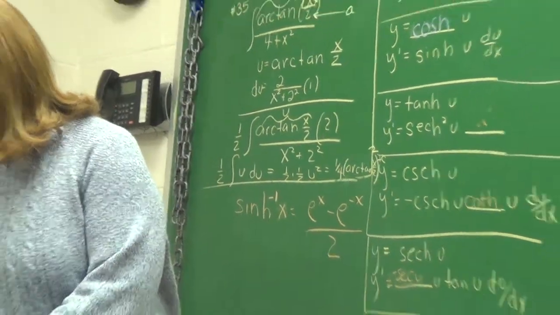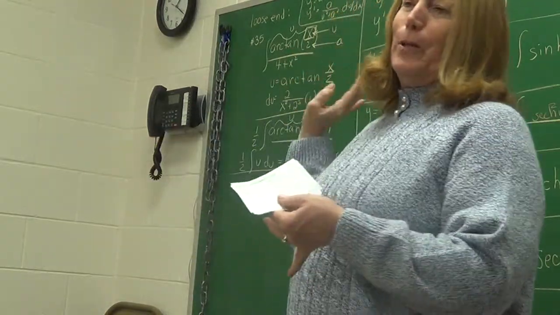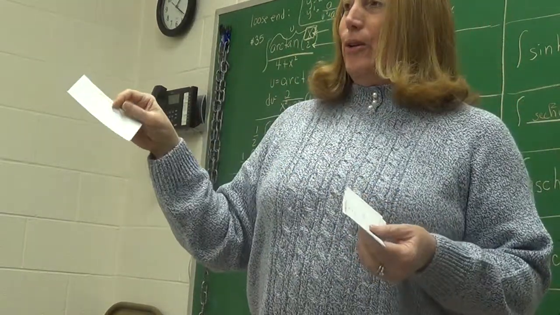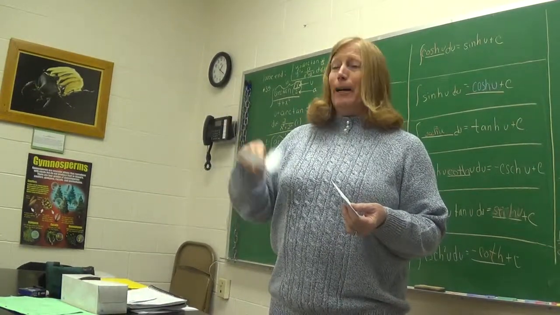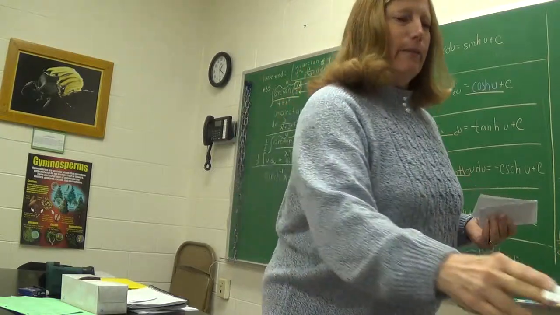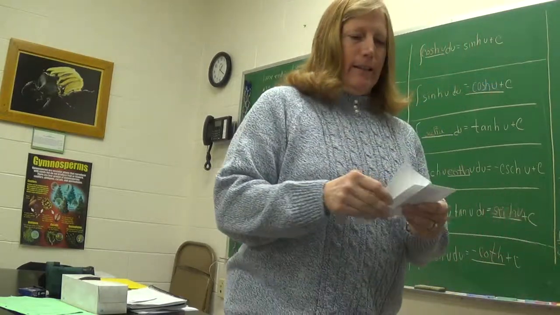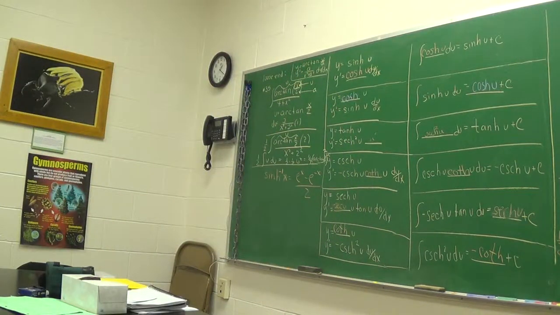All right, so I'm going to give you these. I don't have any more board space, so I'm going to give these to you, and you only have one copy, so put it in your formula sheet and copy it in your notes, or just use it in your formula sheet is fine. So here's the definitions. Here's the tape, Gianni. Here, I'm going to show him the hyperbolic functions.